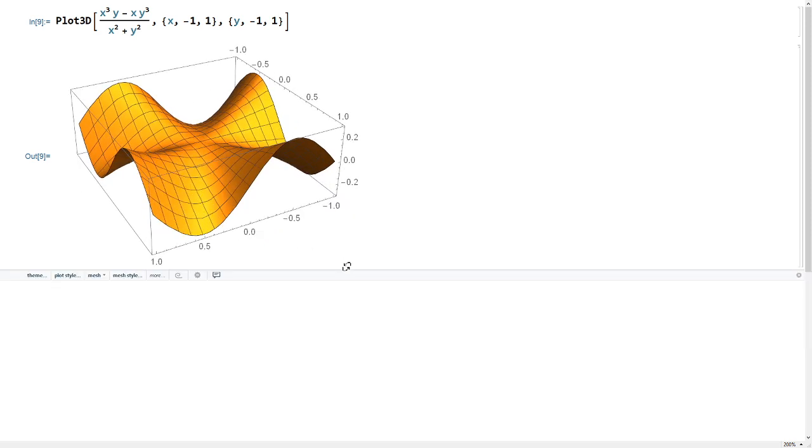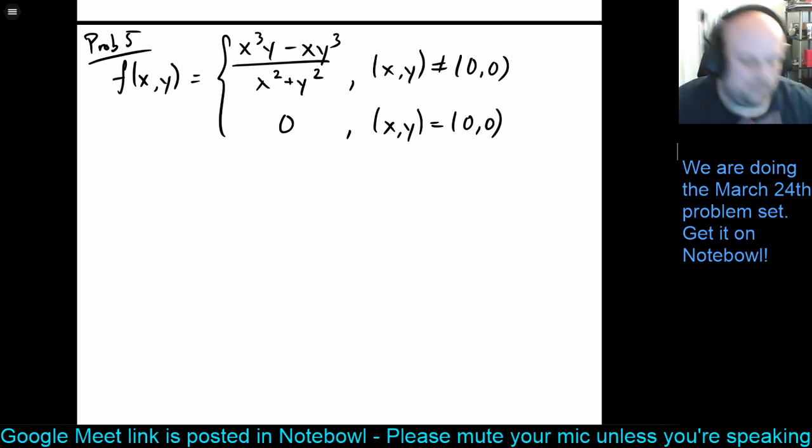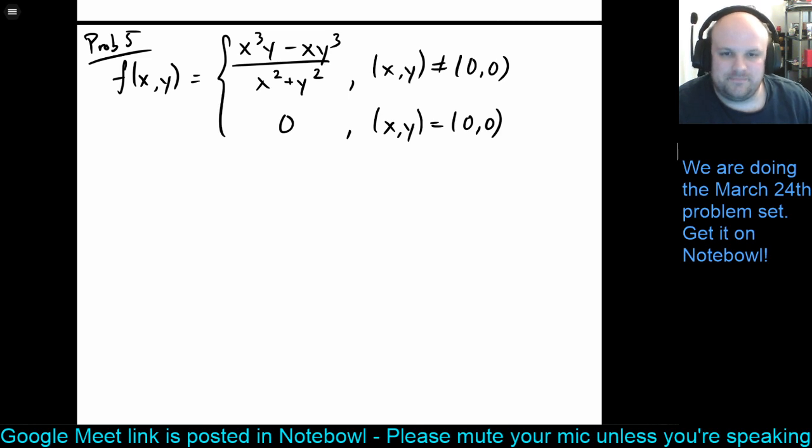This function itself is nice enough, but let's see what actually happens here. So that was part A, plotting that.